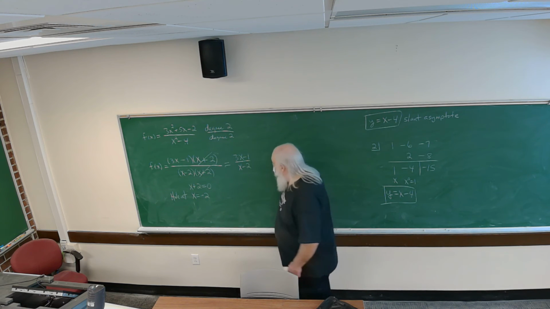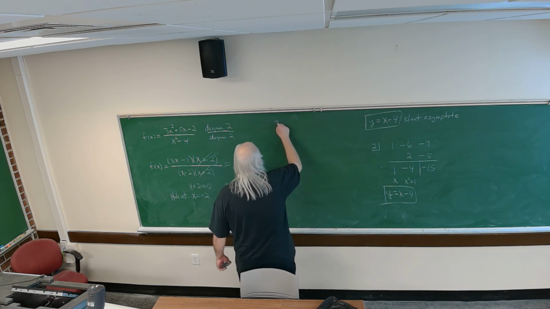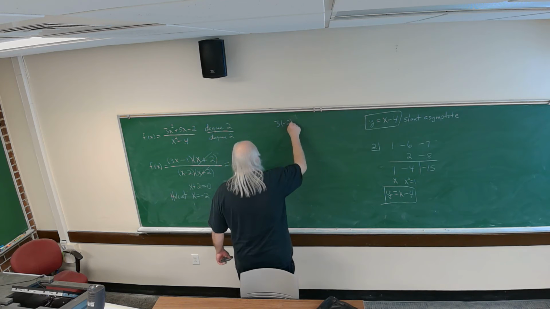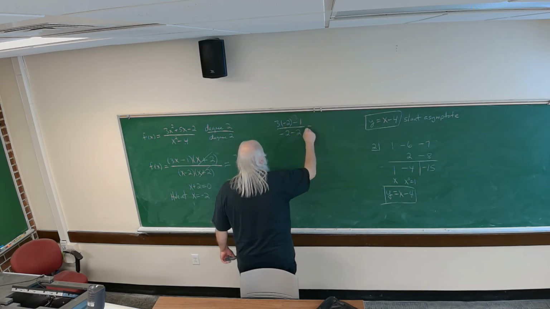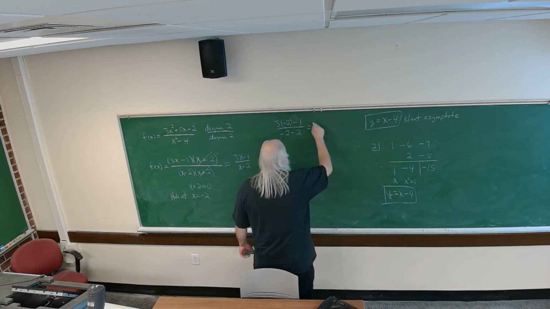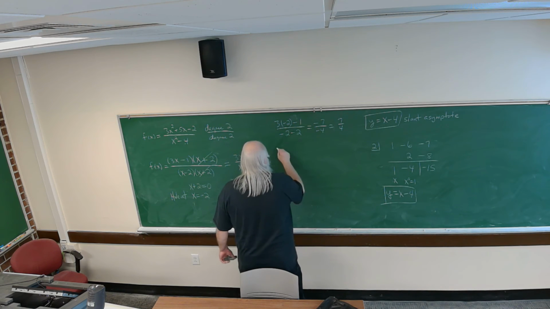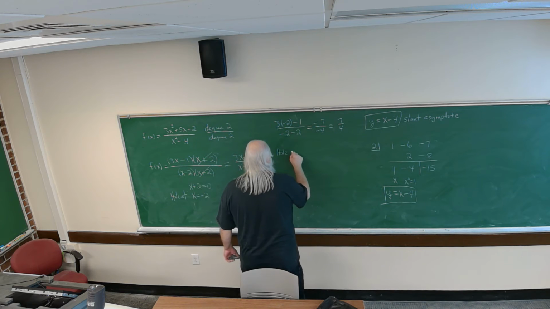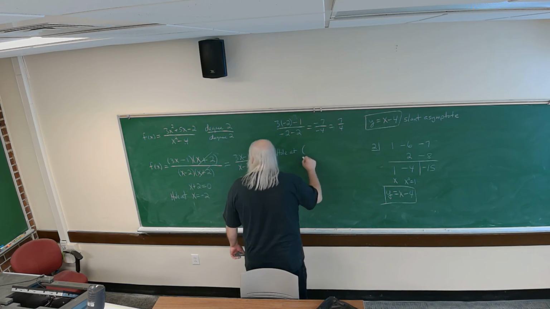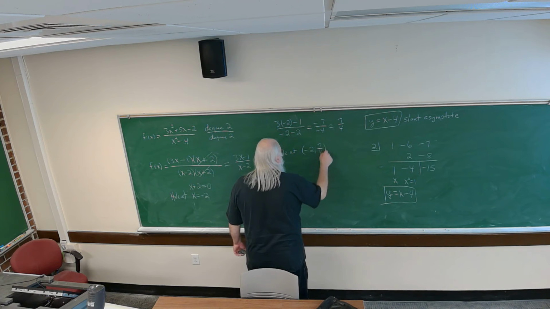So 3 times minus 2 minus 1 over minus 2 minus 2 is equal to what? Minus 7 over minus 4, which is 7/4. So the coordinates for this hole are minus 2, 7/4.